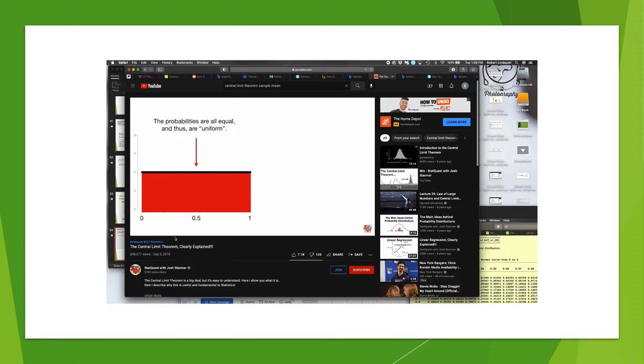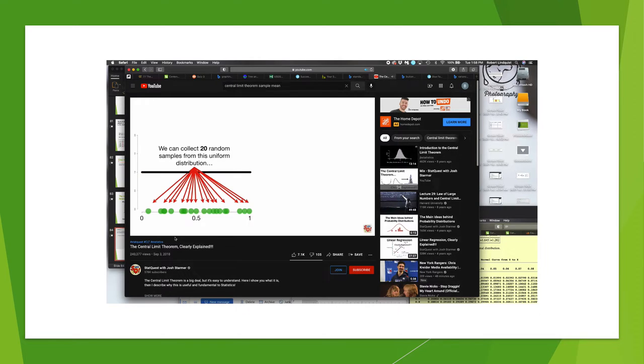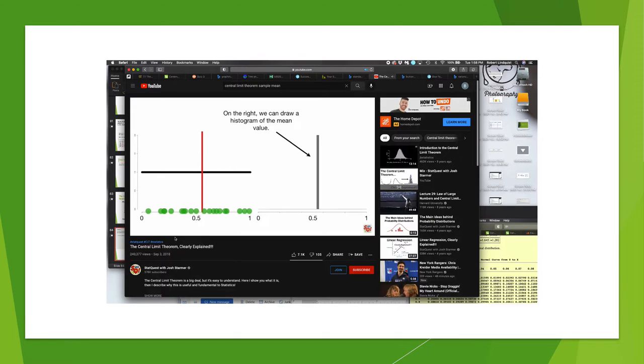The probabilities are all equal and thus are uniform. We can collect 20 random samples from this uniform distribution and then calculate the mean of the samples. And on the right, we can draw a histogram of the mean value. Since we only have one mean value, the histogram isn't very interesting.